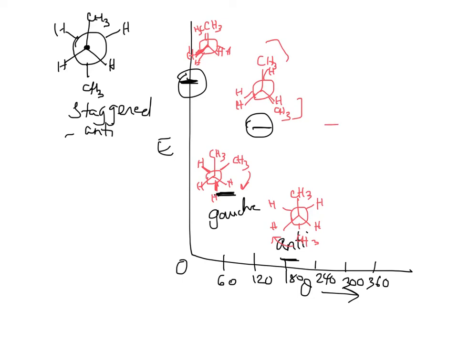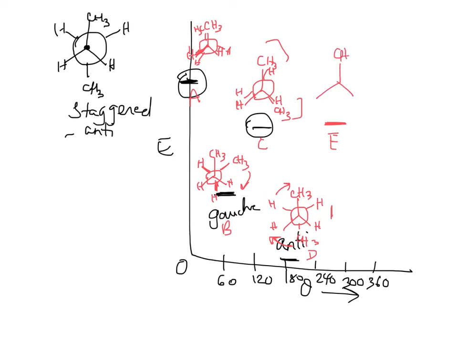So that would be same as the previous eclipsing, because recognize there will be one methyl hydrogen over here, there'll be one methyl hydrogen over here, and these two hydrogens will be the same, of course. So it will look very similar to if I were to number A, B, C, D, and E. I can say that C and E are going to go hand in hand.